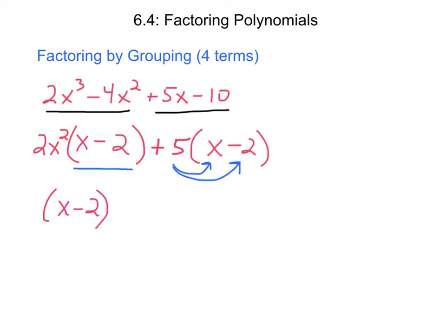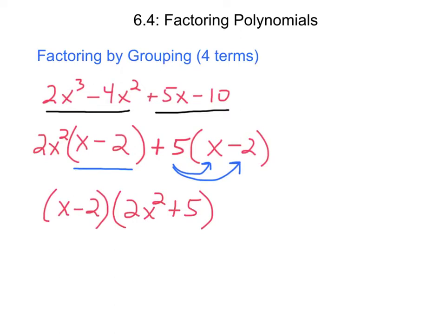And after you pull that out of the first term, what's left is just the 2x squared, and what's left of the second term is just the plus 5. So the 2 things in front of the parentheses, the 2x squared and the plus 5, get put together to form the second set of parentheses in your answer.